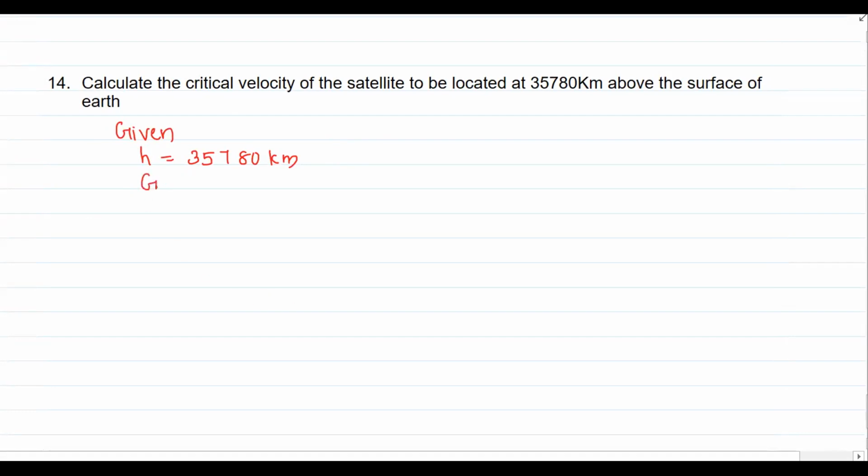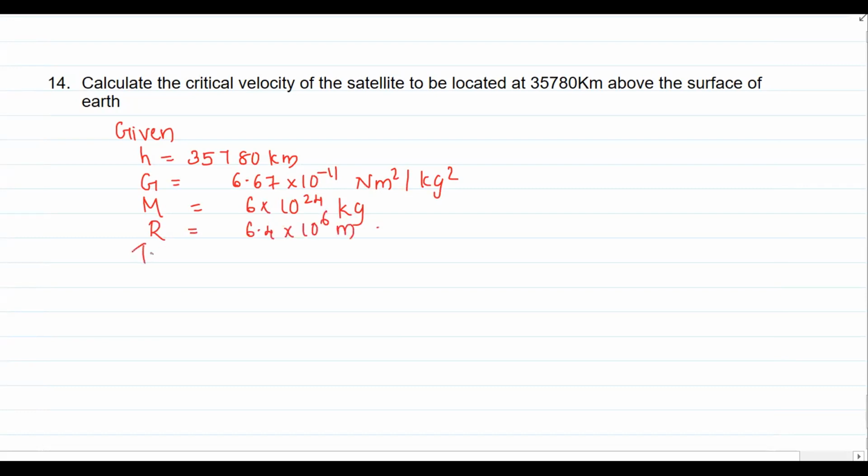We know that the capital G value is 6.67 into 10 raised to minus 11 Newton meter square per kilogram square. The mass of the Earth is 6 into 10 raised to 24 kg, and the radius of the Earth is 6.4 into 10 raised to 6 meter.